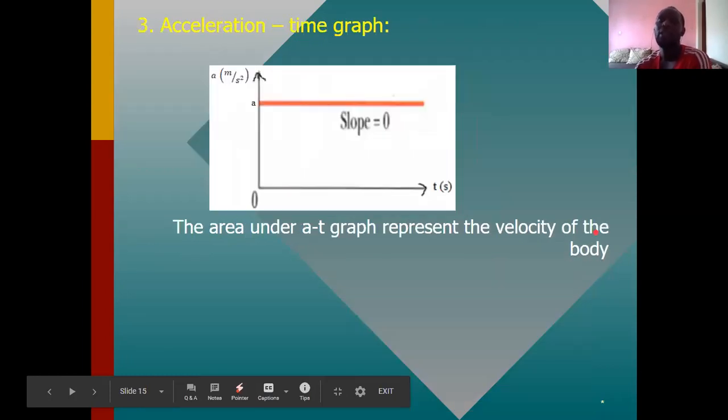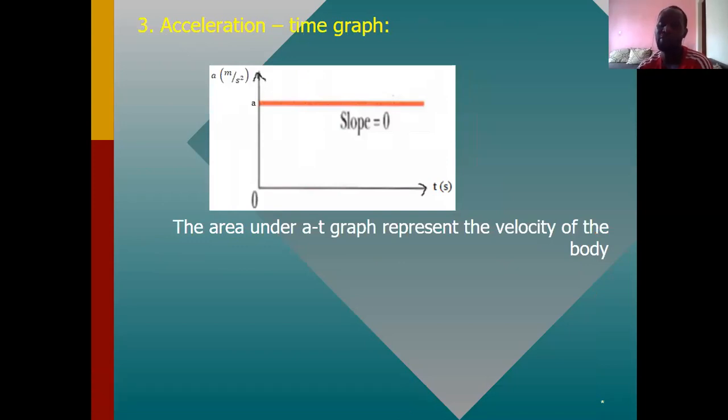The third type of graph is the acceleration time graph. Here we will have only a horizontal straight line because we have only 2 types of motion: uniformly varied rectilinear motion and uniform rectilinear motion, which means the acceleration is always constant.